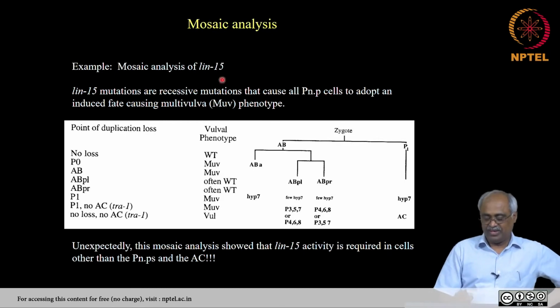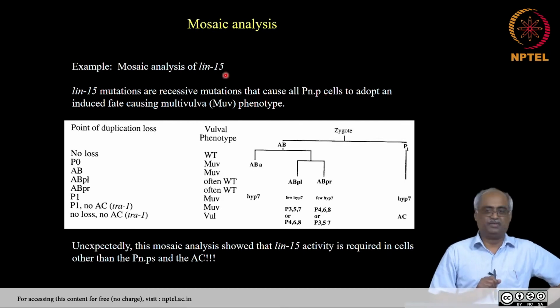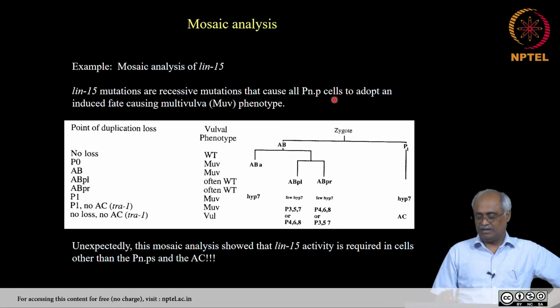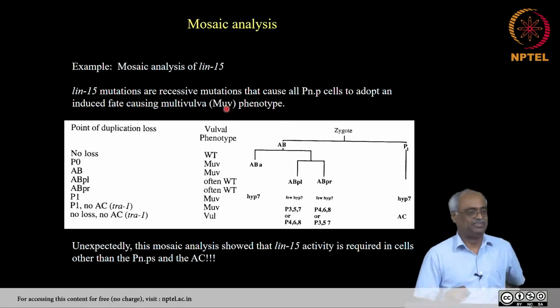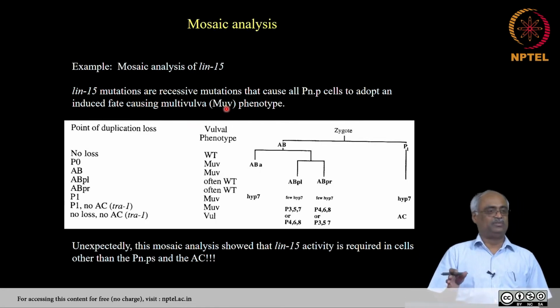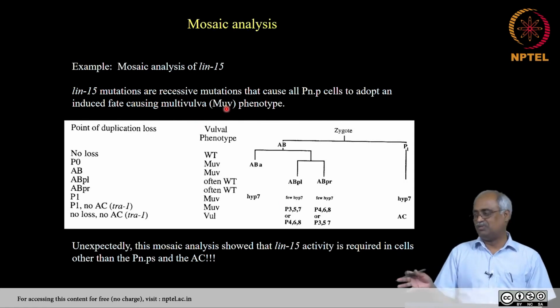So, here we are doing mosaic analysis for Lin15. Lin15 mutations are recessive mutations that cause all PNP cells to adopt an induced fate, multivulva. That is the background for us to start with. If you have homozygous Lin15 embryos, they will develop into animals having multiple vulva.